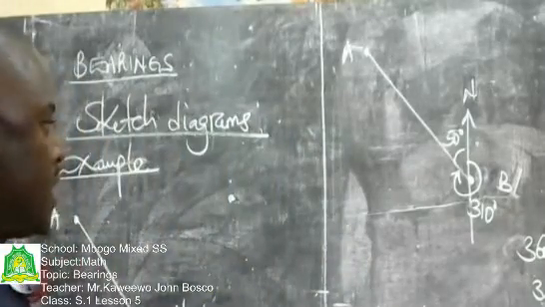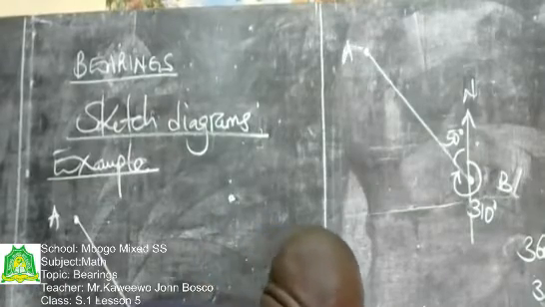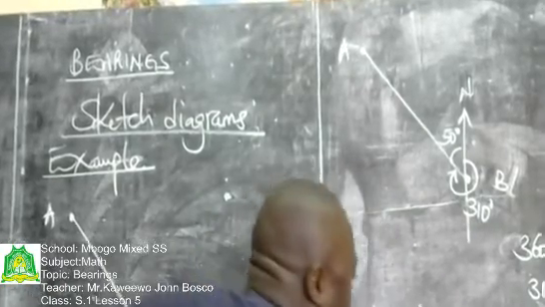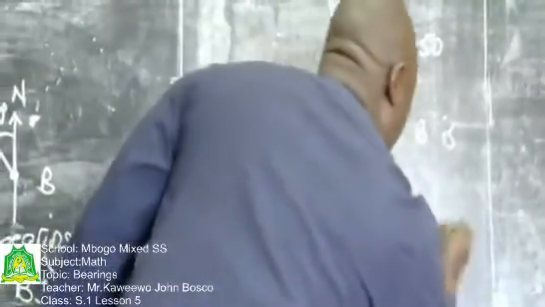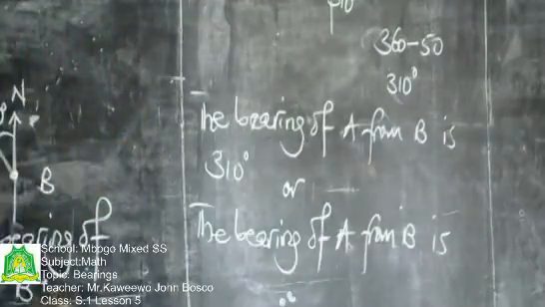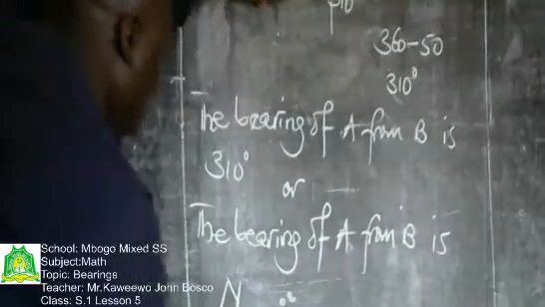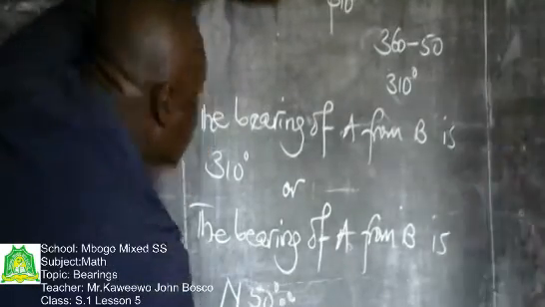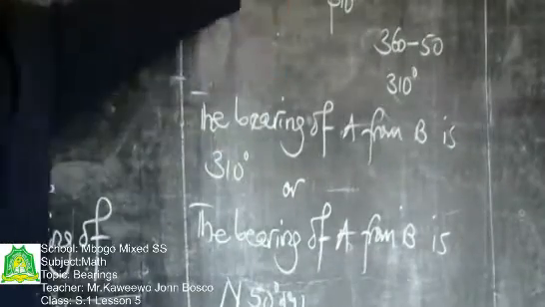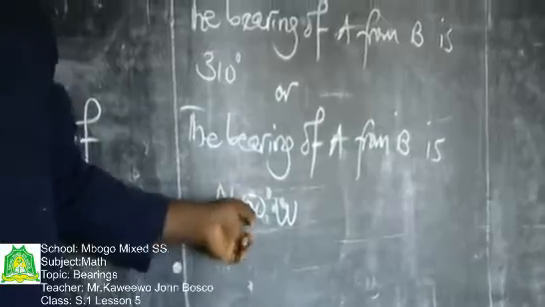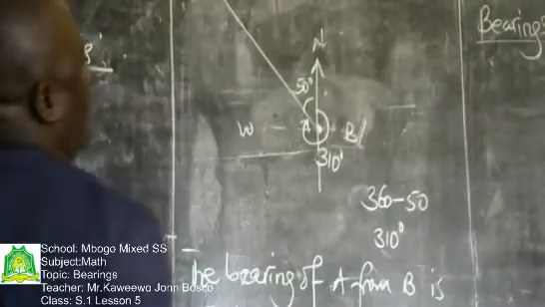We can say the bearing of A from B is: face north, turn 50 degrees towards west, because west is in this direction.